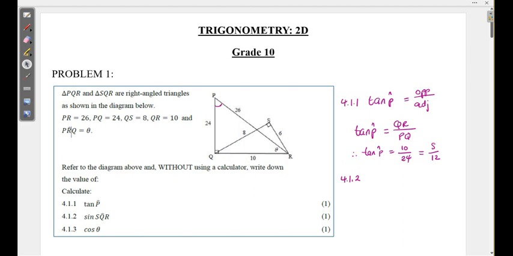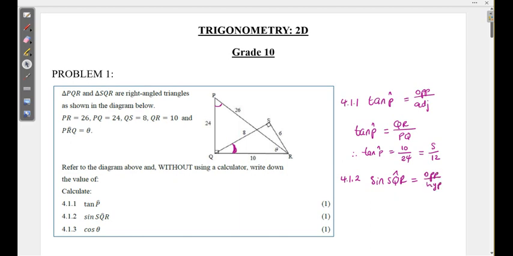Okay, SQR, let's look at it again, is this one, and the angle is here. Let's write it then. Sine SQR. Let's remember that sine is, according to SOHCAHTOA, opposite over the hypotenuse.